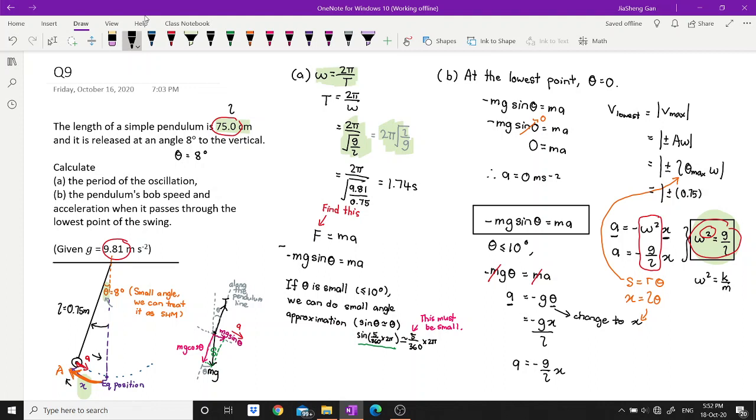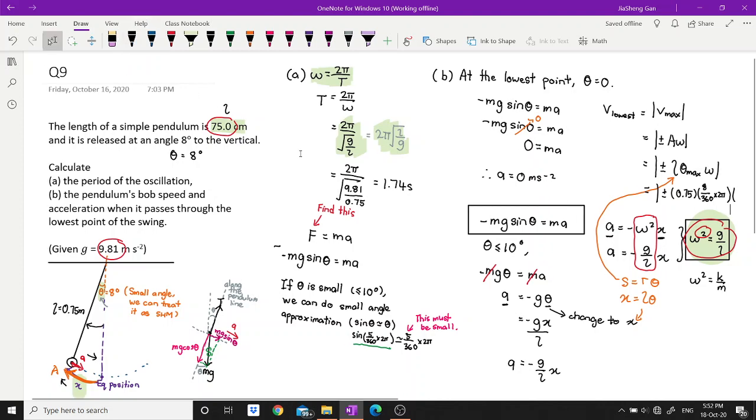Theta max is, remember, in radian form. This S equals r theta must be done in radian form. So 8 degree divided by 360 degree times 2 pi radian per 360 degree. Okay, so multiply this, then multiply it by omega.